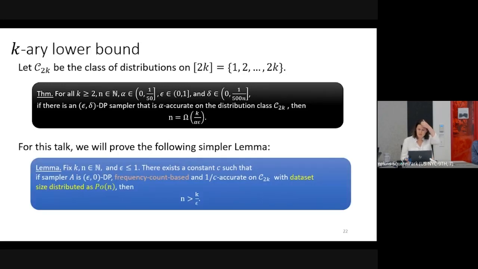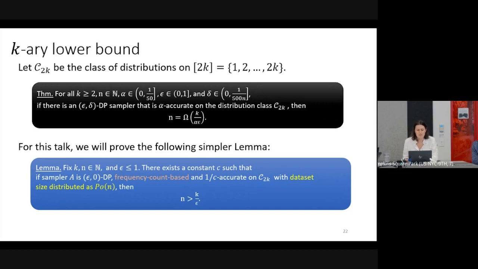Okay, so we're going to prove this theorem in spirit, assuming that the sampler is epsilon 0 differentially private rather than epsilon delta. We're going to assume that it's frequency count based, which I'll explain in a few slides. We'll prove it for fixed accuracy, so it'll be 1 over C accurate for some constant C. And we'll assume that the data set has a size that's distributed as Poisson of n.